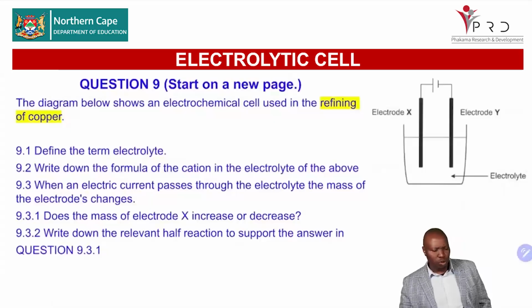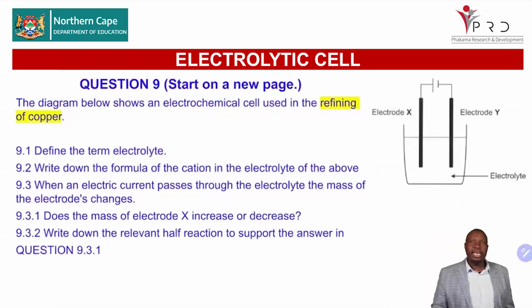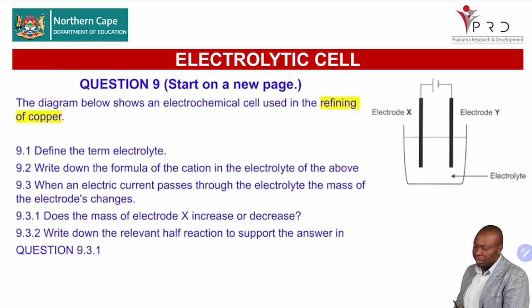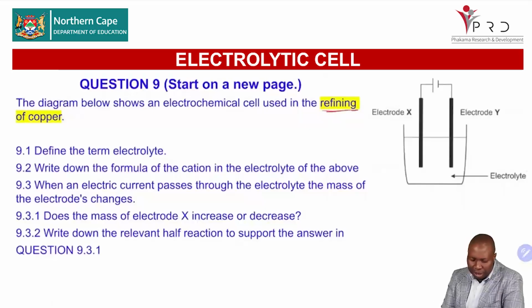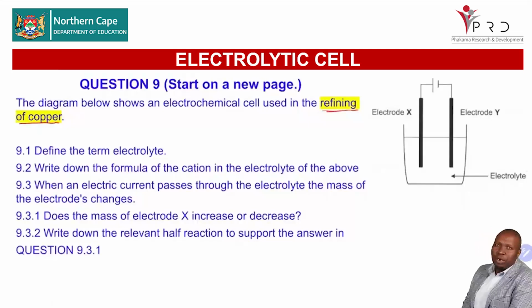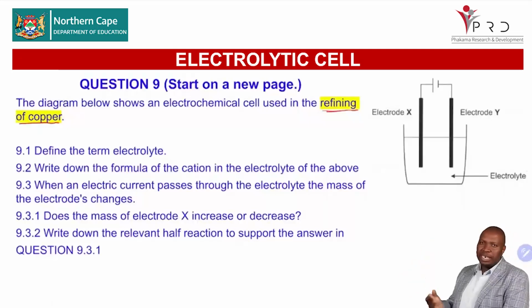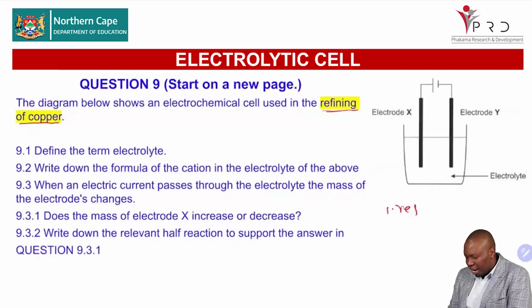Now, if we look at the electrolytic cell, I want to emphasize that we're doing four types of cells here. Number 1 is purification or refining of metals, for example copper, which is what we have here; it can be purification of any metal. Number 2, we can have electroplating.